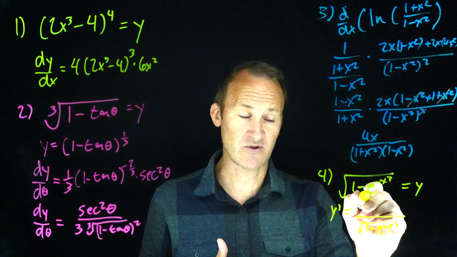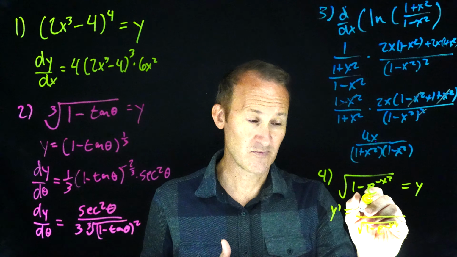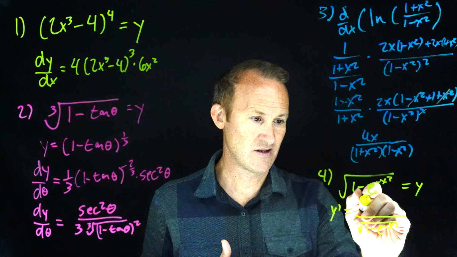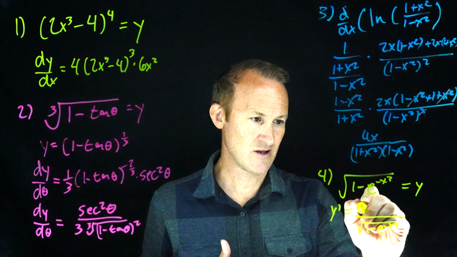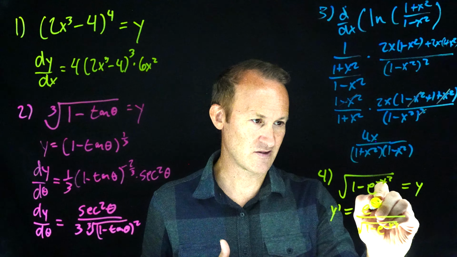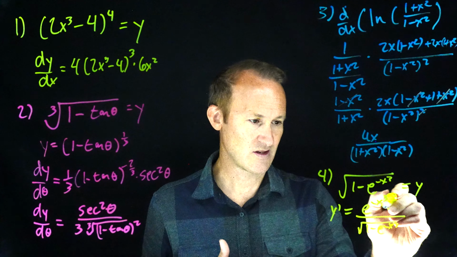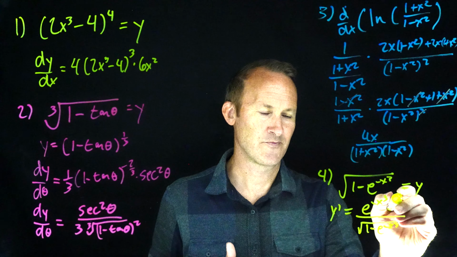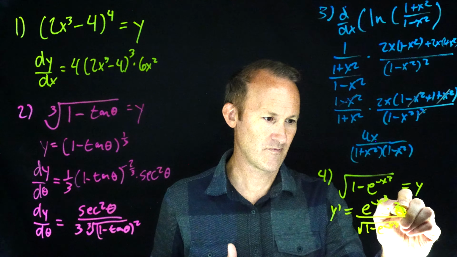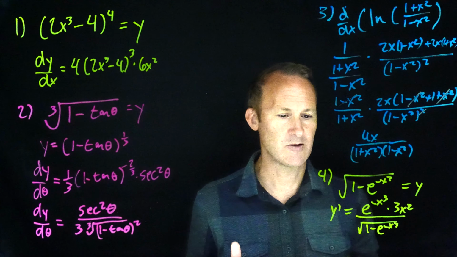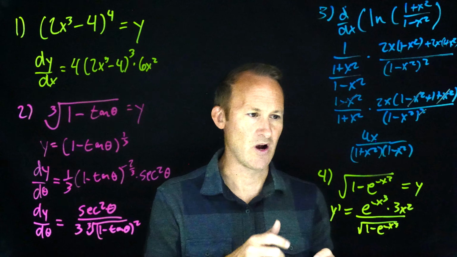So the two negatives will cancel out, to make it positive. And so you're going to have e to the negative x cubed times that 3x squared. Okay, so that's what your y prime should be.